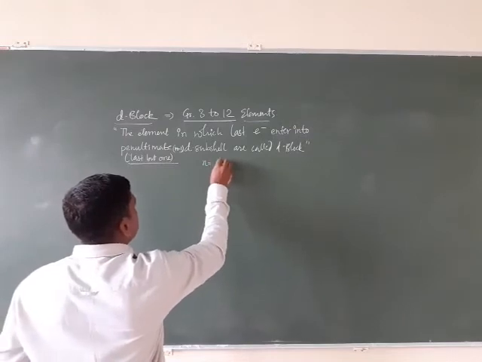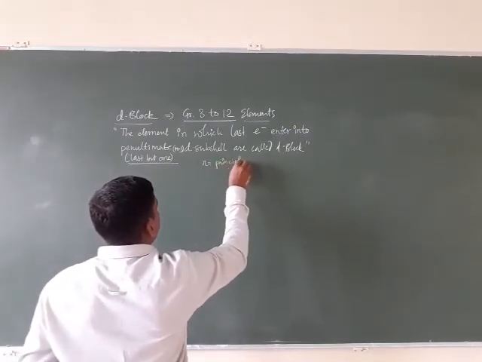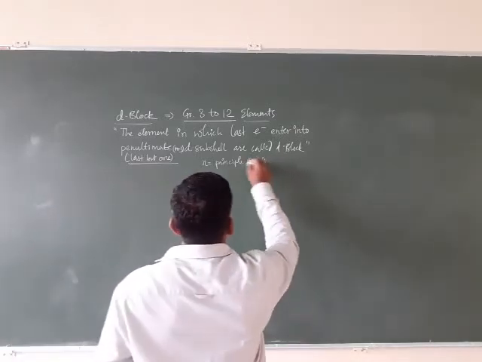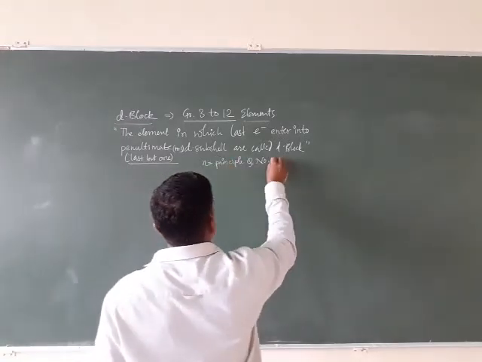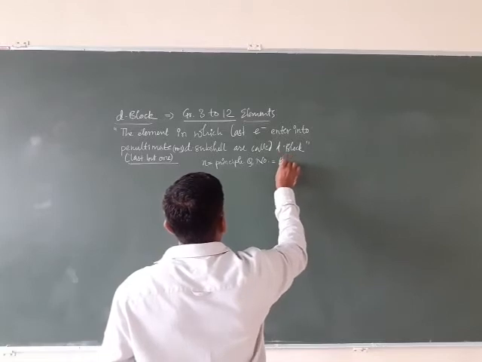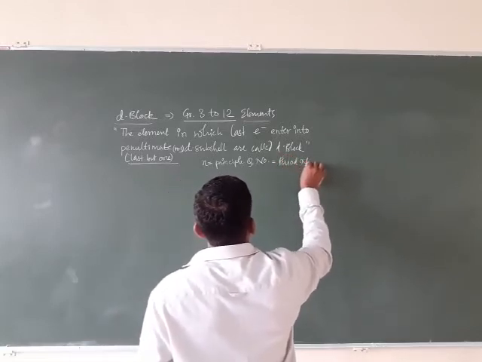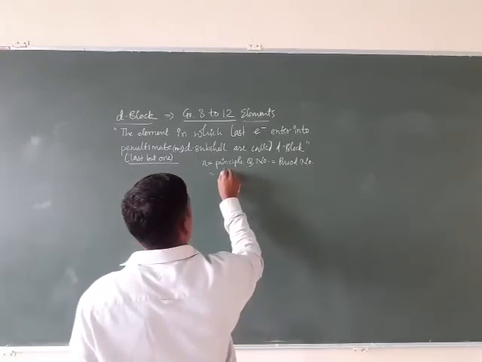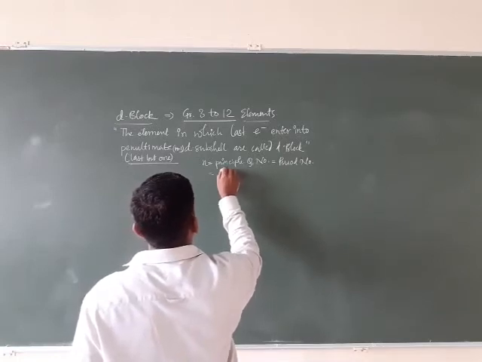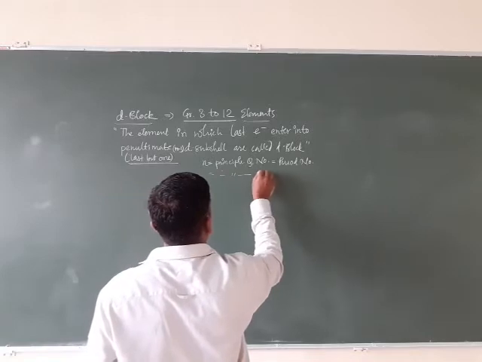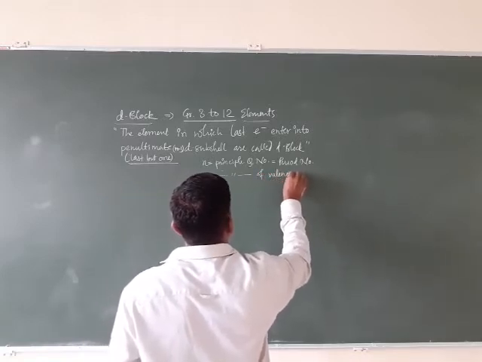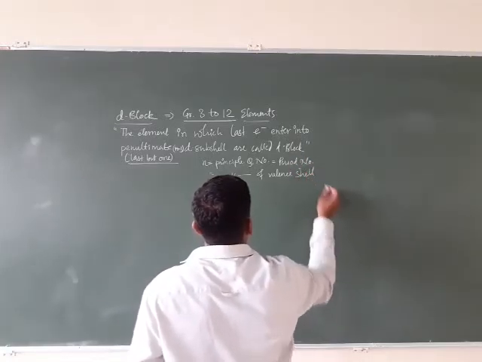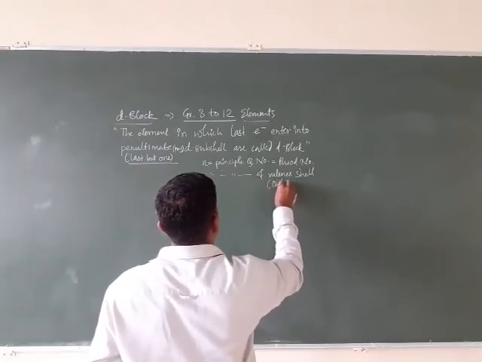N is the principal quantum number, which in the periodic table represents the period number, or the principal quantum number of the valency shell, or we can say the outer shell.